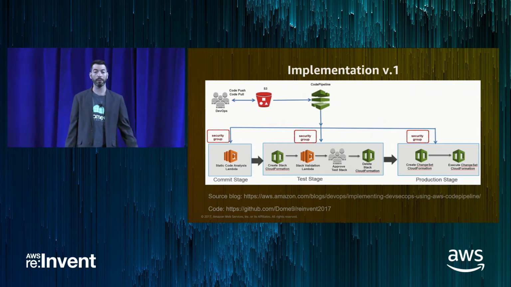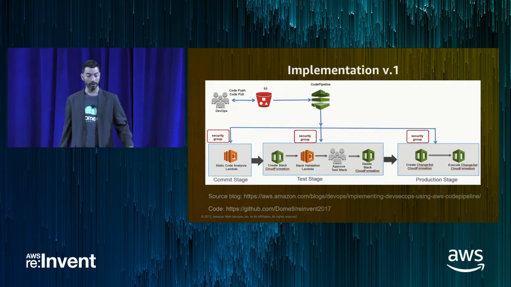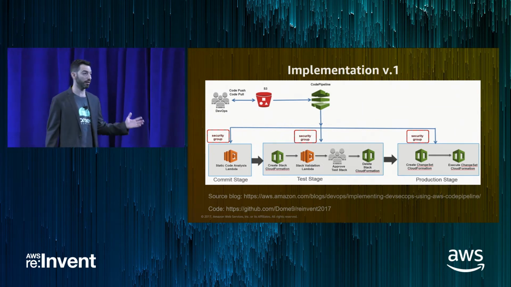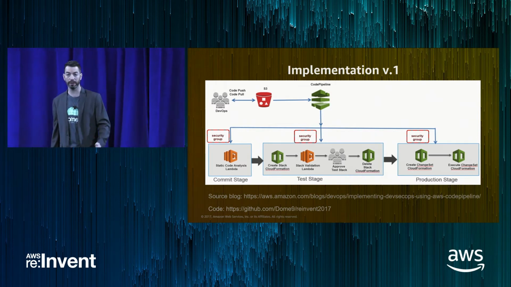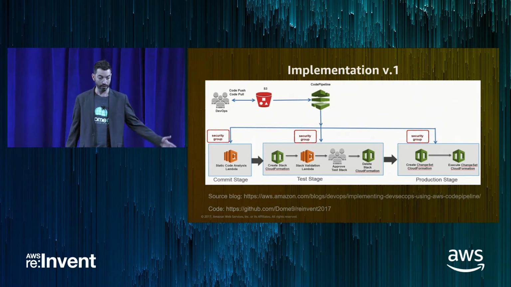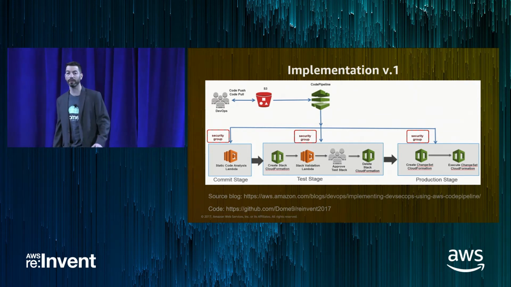The CodePipeline picks it up and then performs three different steps. In the commit stage, we are going to run a Lambda function that will do static code analysis for the CFT template. Again, not deploying anything, reading the CFT file, trying to get insight from it. If we are happy, we'll continue with the flow and move to the testing stage.